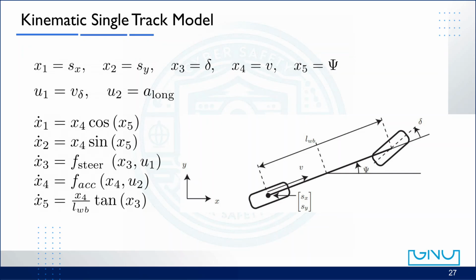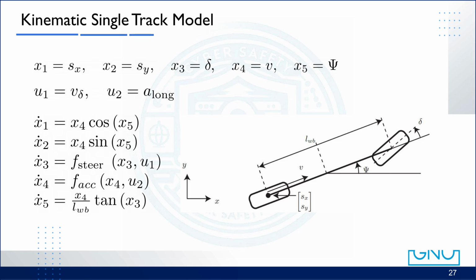Now, let's think about what it really means when we say that these state equations are written as ordinary differential equations. Each state variable, such as position, velocity, or heading, changes continuously over time. The differential equations describe how fast those values change at any given moment.